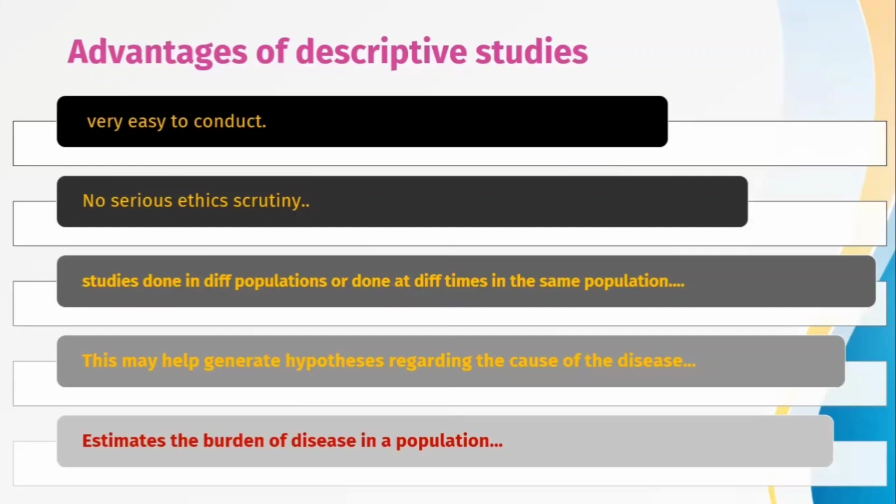It may help to identify geographic variations and temporal change in the frequency of disease. This may help generate hypotheses regarding the cause of the disease, which can then be verified using another more complex design. It estimates the burden of a disease in a population and is useful for resource planning.